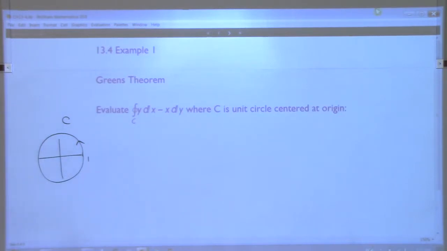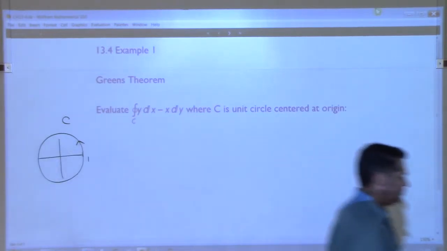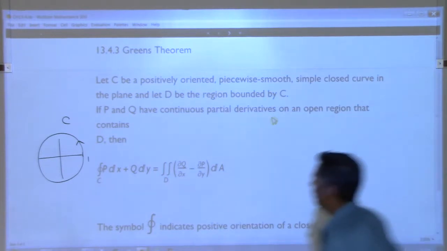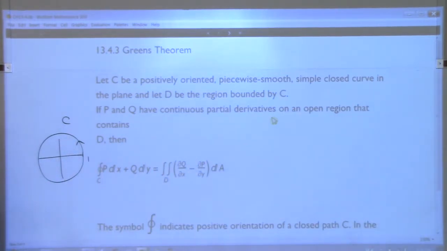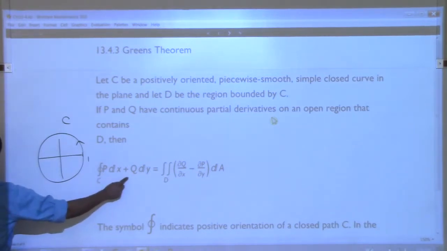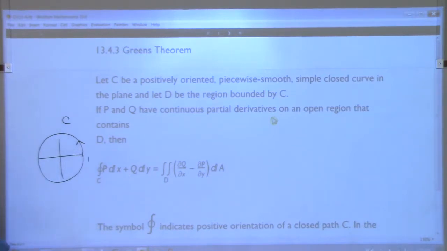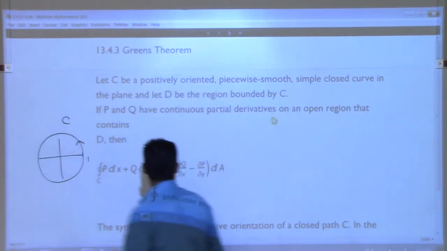So Green's theorem says, let's go back and take a look at the theorem. Maybe we should write down the theorem over here, just so we have it. Line integral over closed curve C of P dx, plus, be careful there, plus Q dy is equal to the double integral over D of the partial of Q with respect to x minus the partial of P with respect to y with respect to area.